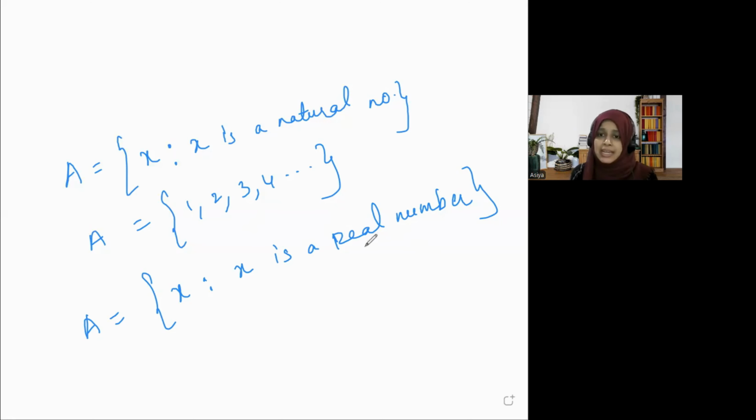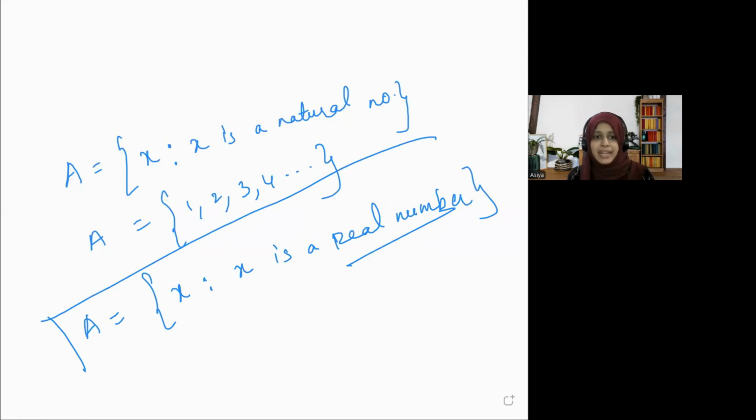There are different elements in my real numbers. Yes or no? Rational numbers, irrational numbers, all the numbers that we have discussed come into the category of real numbers. So there is no way of representation of certain sets in roster form. So there are certain infinite sets that cannot be represented in roster form like this one.